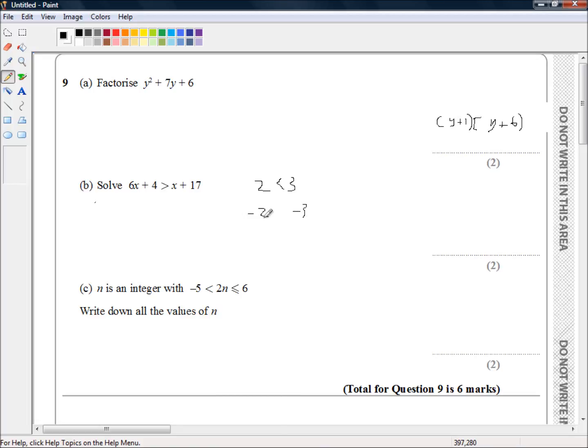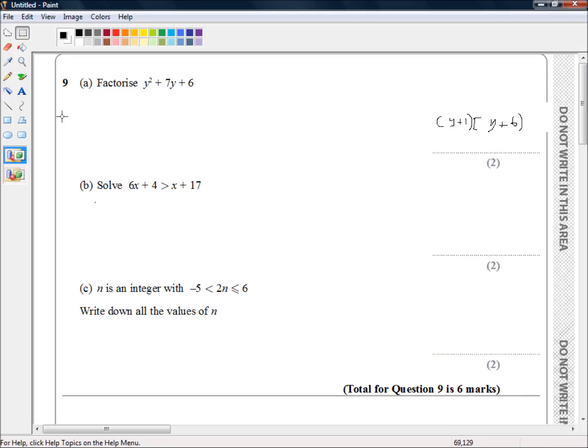If you owe £2, you're richer than if you owe £3. Or less poor at least. So we have to change the sign to greater than, because -2 is bigger than -3. So that's why we change the sign when we're multiplying everything through by -1.